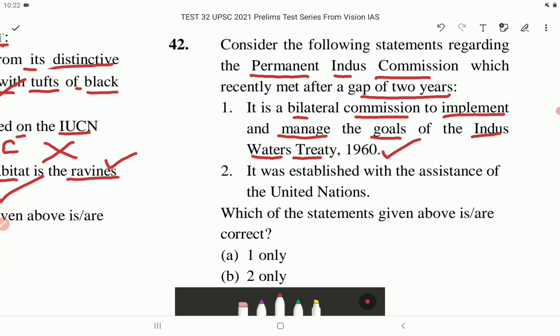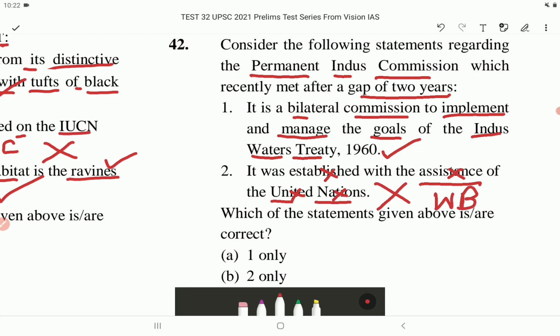This is correct. Statement 2. It was established with the assistance of the United Nations. This is incorrect. It was not established with the assistance of the United Nations. It is a treaty brokered by the World Bank. So statement 2 is incorrect.